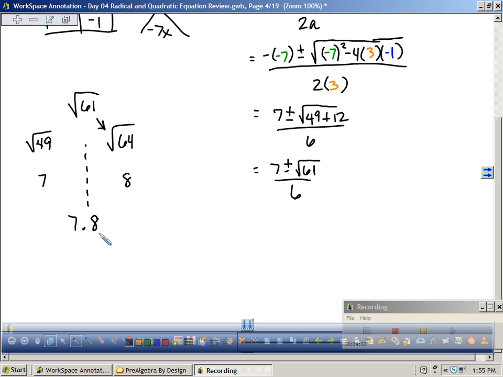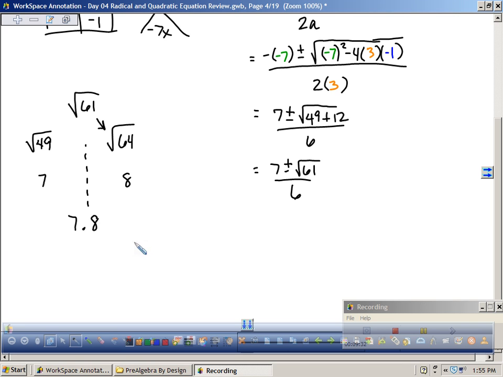Right? Now you get a calculator and you put it in there, and let's see. If I put that in a calculator, I would get 7.8. Now I'm right. And I know I'm right because I did it in my head first, and it makes sense. Rather than just putting it in a calculator and going, oh, there's my answer, I hope I'm right.